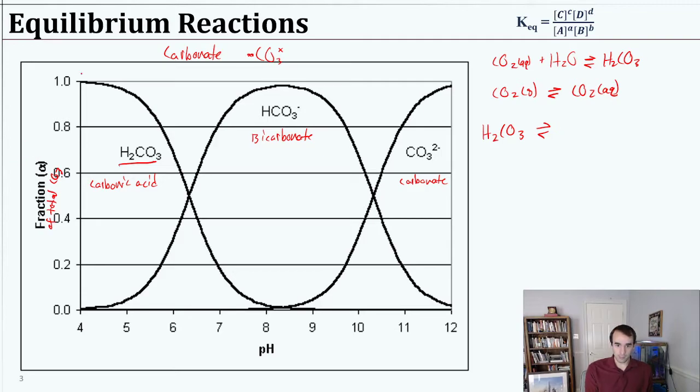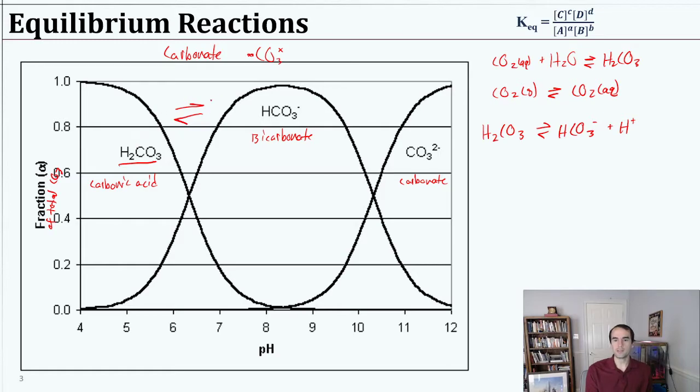Essentially what's happening here is we added the carbonic acid, and this is going to be in equilibrium with HCO3. So it's going to dissociate to HCO3 minus, the bicarbonate, plus a proton, H plus. And that's this reaction right here.